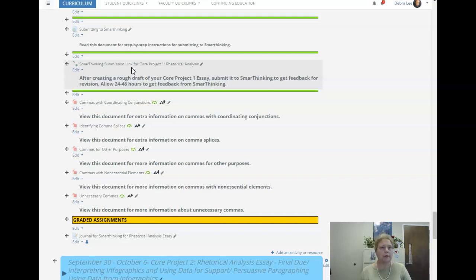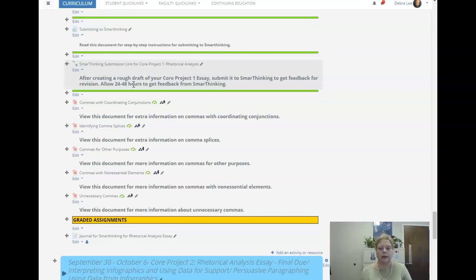This week you're getting your rough draft together and getting some feedback from Smart Thinking. Next week you're going to be applying that feedback and revising your document and making it as good as it possibly can. Usually you'll get information back from them in 24 to 48 hours.